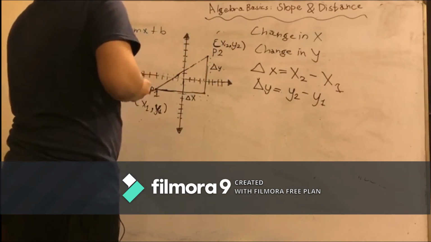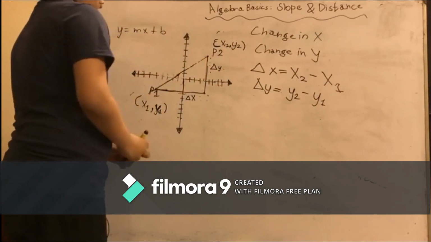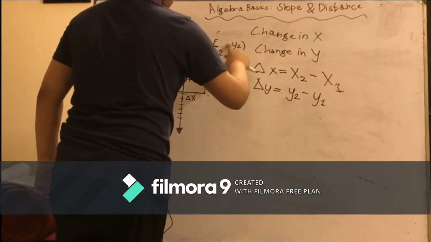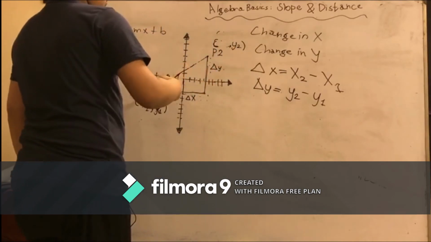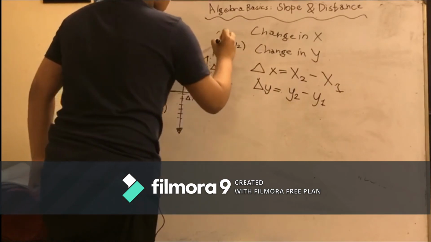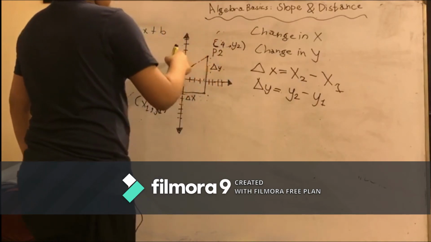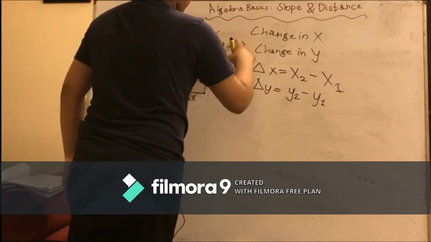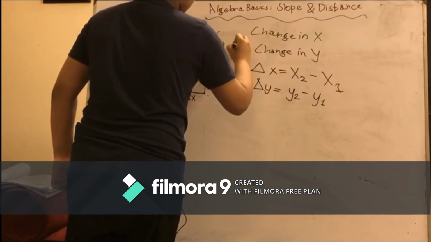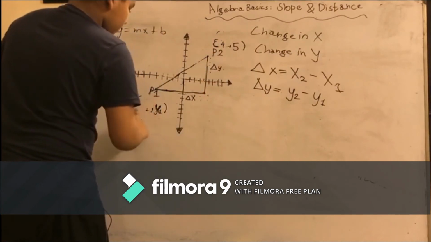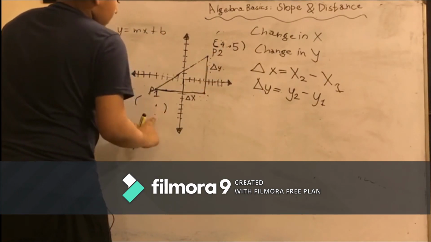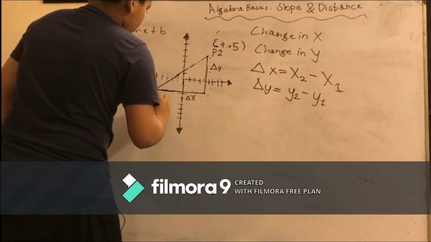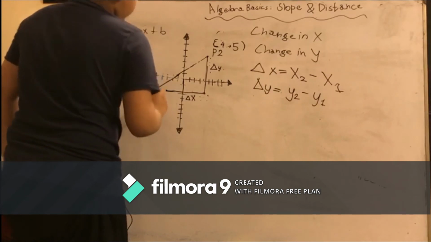Now let's look at the equation for finding the slope of these 2 points. Let's say x2 is equal to 4 and y2 as 5. Here, let's make this negative 3 and here negative 5.